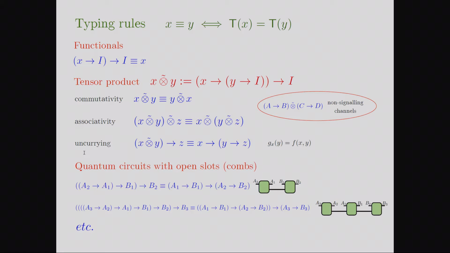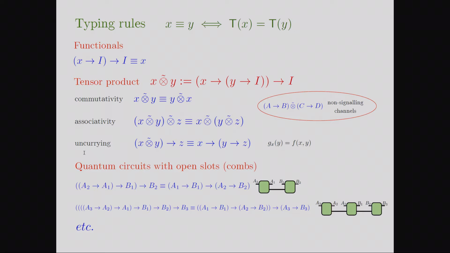We have some further results that show how you can recover all the special cases that were studied in the literature and give them their name in our language, their type, of the objects that are studied. For example, so-called process matrices, for those who know them.